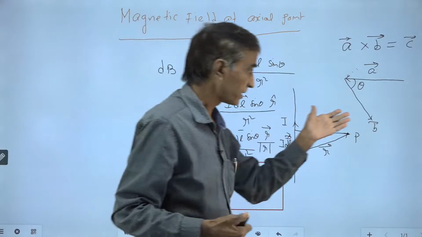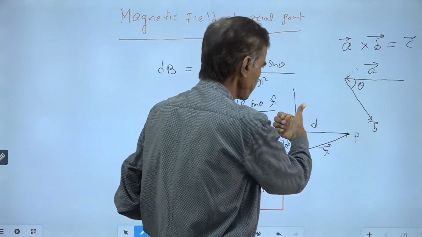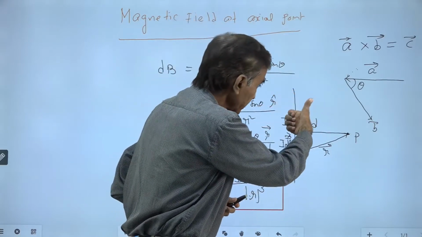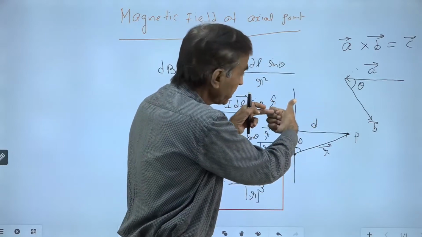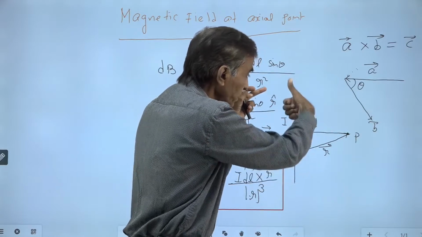Okay. Suppose for example you take this case. It is a straight conductor. See how we are doing now? We are imagining that we are holding the conductor in our palm, keeping the thumb in the direction of the current.